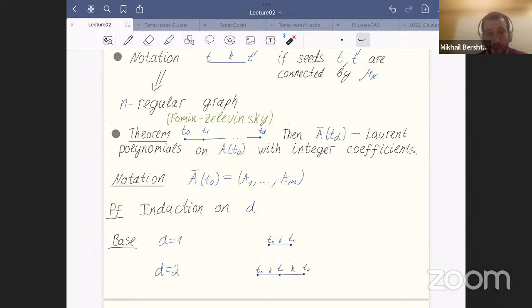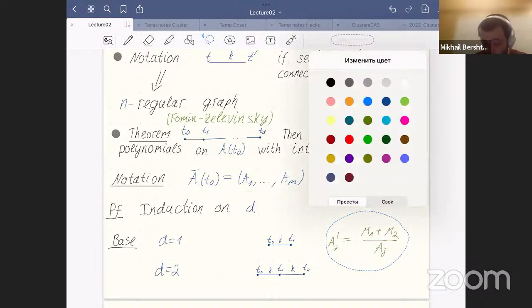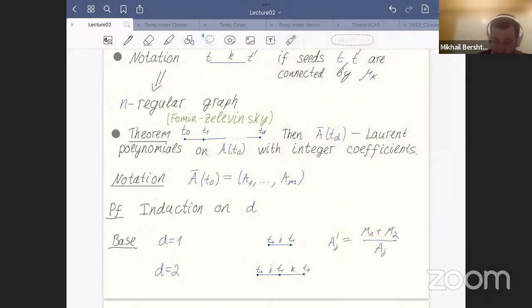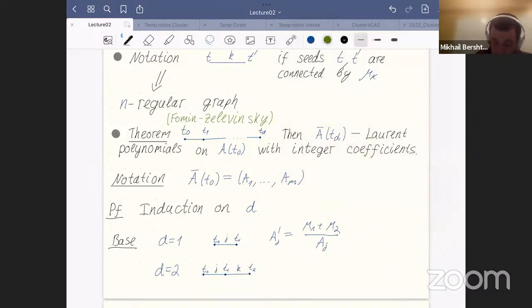And what you get is a new variable, say Ag prime, which is equal to the sum of two monomials, M1 plus M2, over Ag. And clearly, this is a Laurent polynomial. We don't have actual denominators. So this case is trivial.